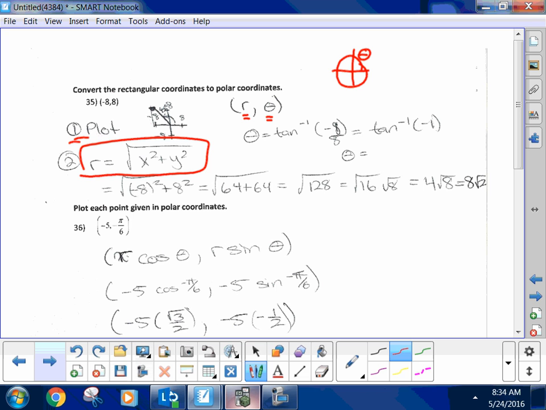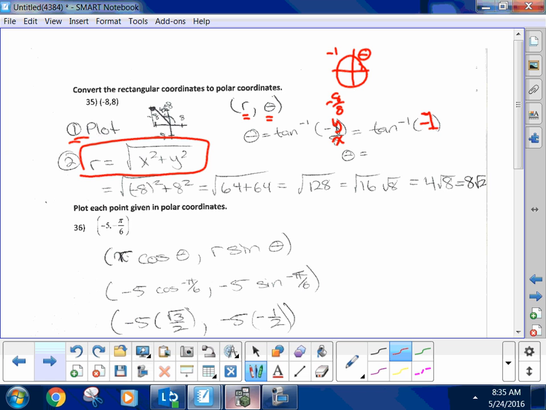You find theta using y over x. So my y was -8 over 8, which made the answer -1. And with that, I was able to look at the unit circle and find out that -1, in this case, was over here, which then became the angle.